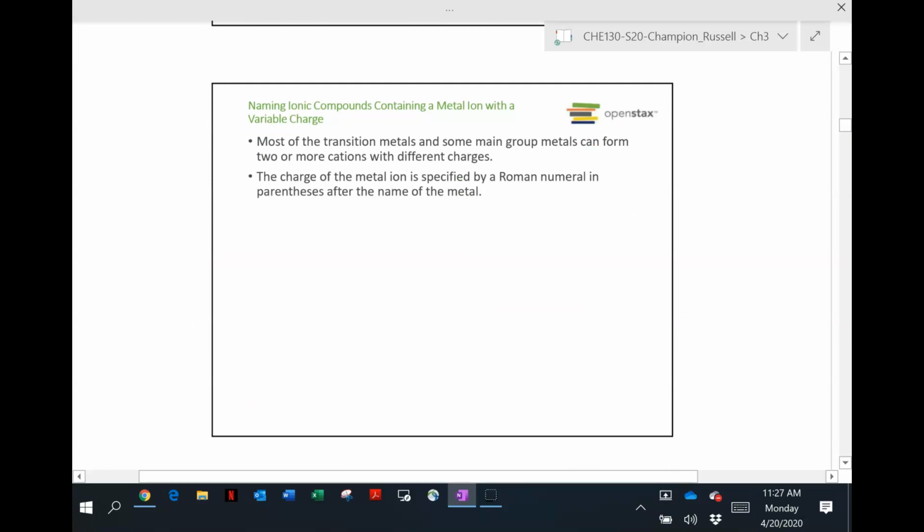Now, there are a few metals, particularly the transition metals, that have different charges, and the way we indicate that is we put a Roman numeral in parentheses after the name of the metal. So for example, iron, which has the symbol Fe, can either be iron(II) or iron(III). This is Fe +2 and Fe +3.